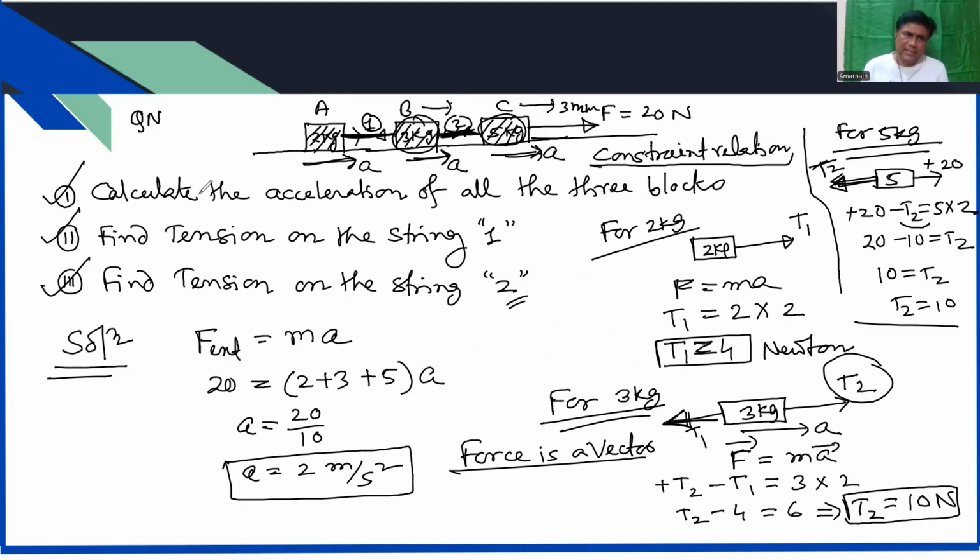I mean, what if the threads connecting the three boxes were of unequal length, like thread one was really small and thread two was really big?